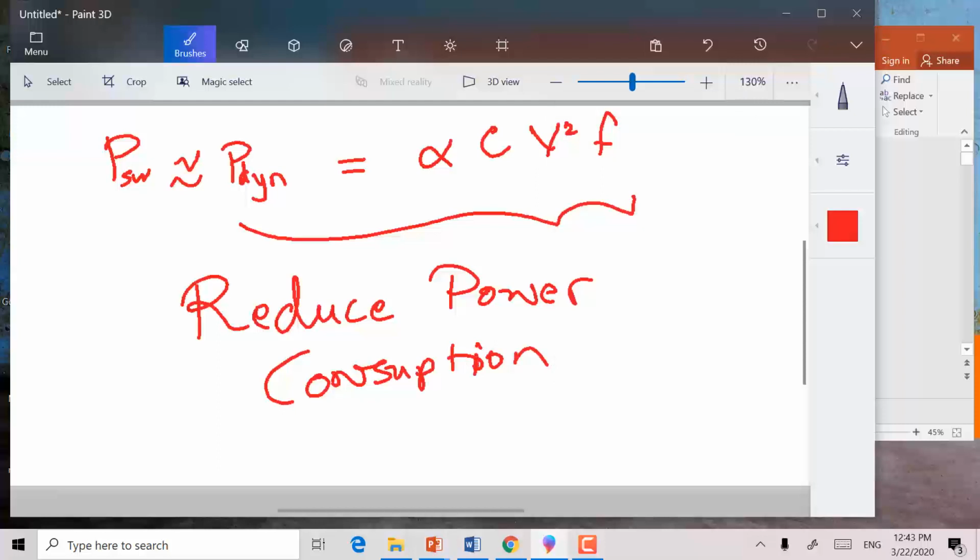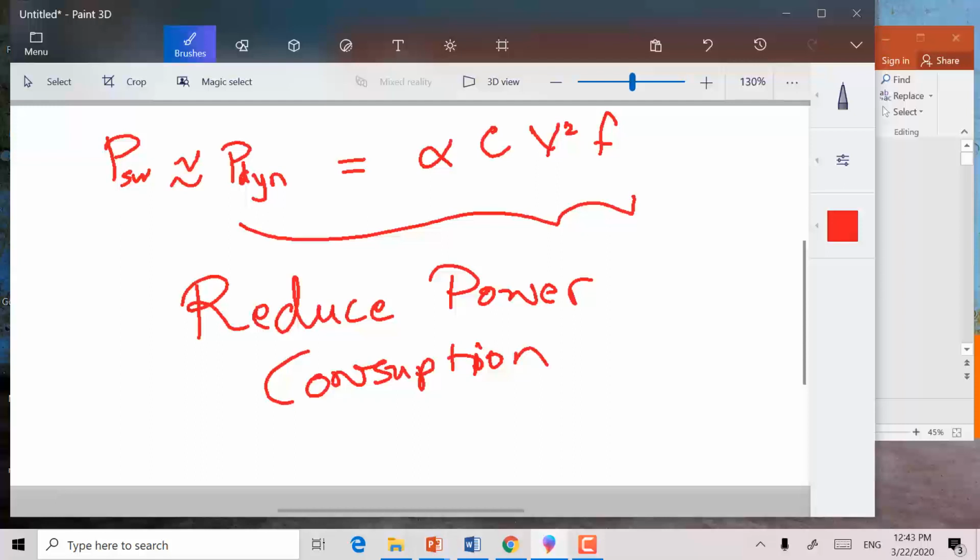Low power and low energy designs are of great interest in the research area as well as in consumer electronics, because everybody is going mobile, with sensors, and we would like to conserve energy and power as much as we can.